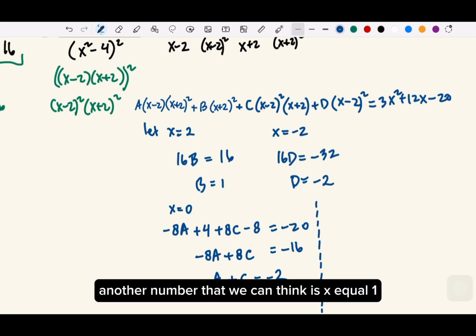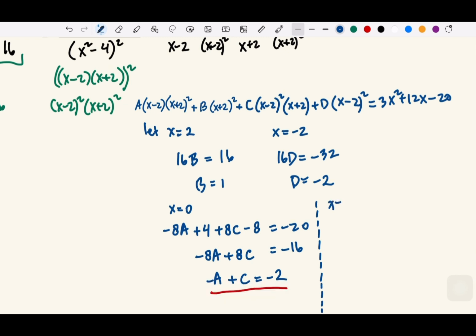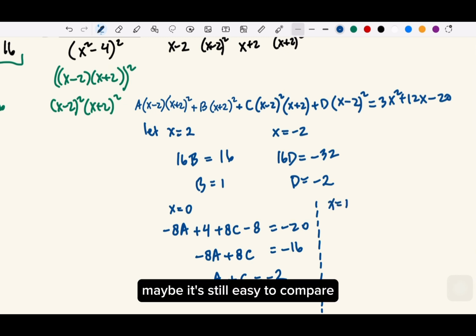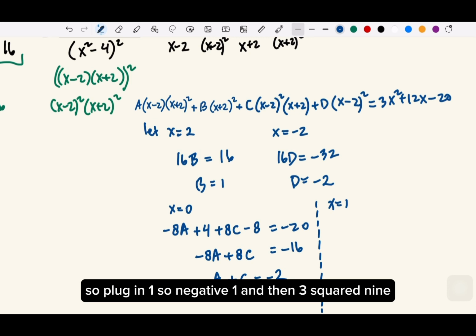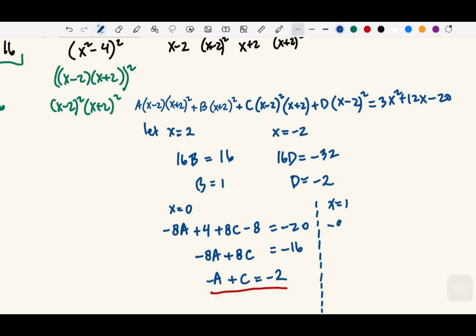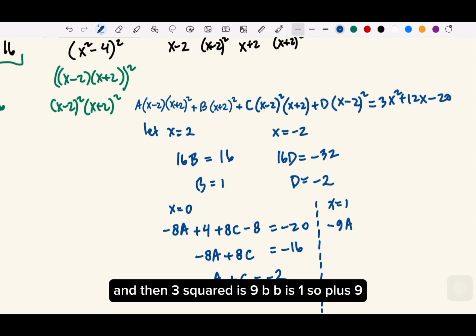Another number that we can think is x equal 1. Maybe it's still easy to compute, right? So plug in 1, so -1, and then 3 squared, 9, so -9a. And then 3 squared is 9b, b is 1, so plus 9.